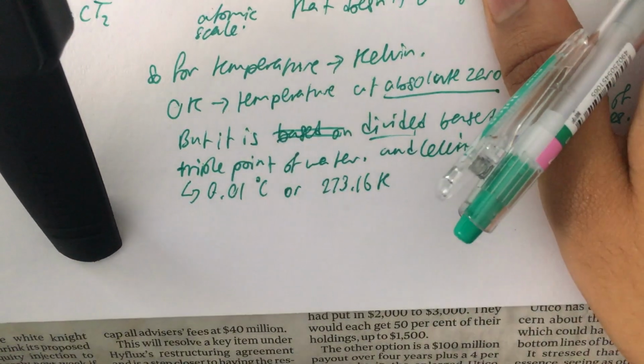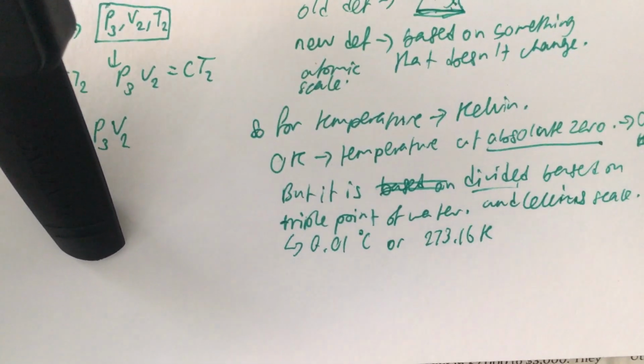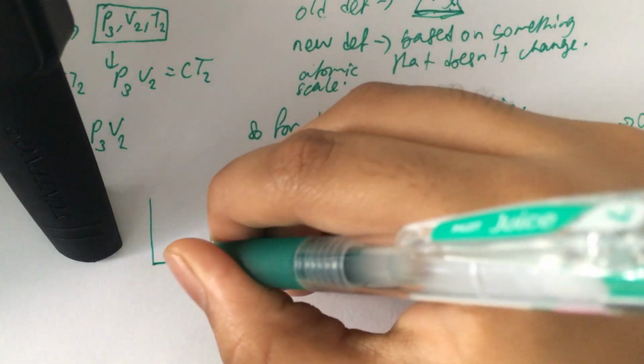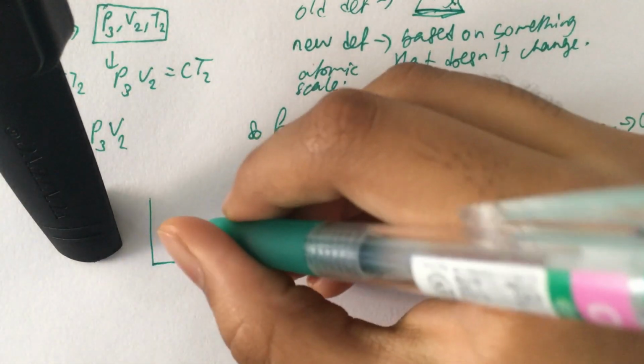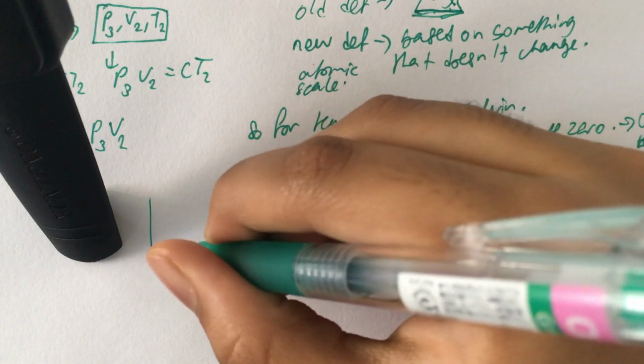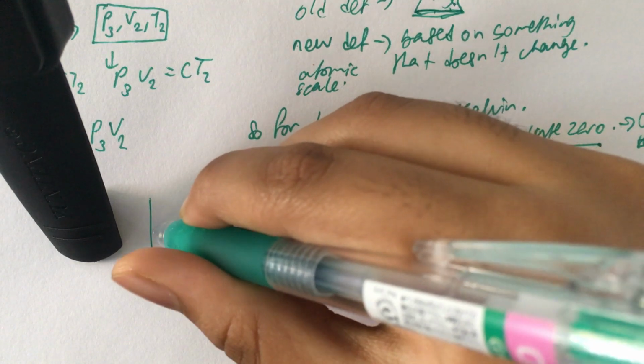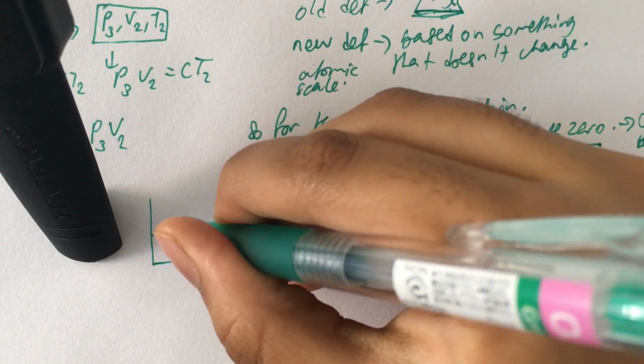It's not like the melting point of water, where you didn't really specify the pressure. I mean, you assume that it's atmospheric pressure, but it can change, right? They didn't specify that it must be a particular pressure, but here they specify everything, and therefore the value cannot change.